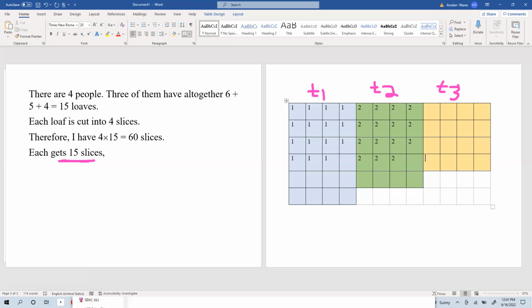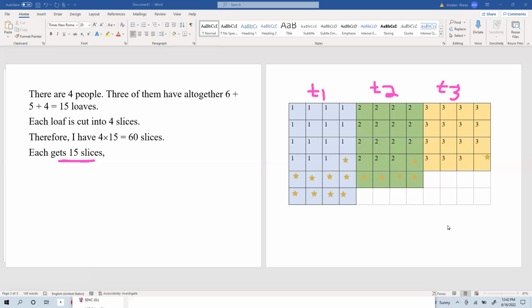Traveler 3 gets to keep her 15 slices. 1, 2, 3, 4, 5, 6, 7, 8, 9, 10, 11, 12, 13, 14, 15. Now, lo and behold, the leftover slices, there are exactly 15 of them. Let's count it. 1, 2, 3, 4, 5, 6, 7, 8, 9, 10, 11, 12, 13, 14, 15.